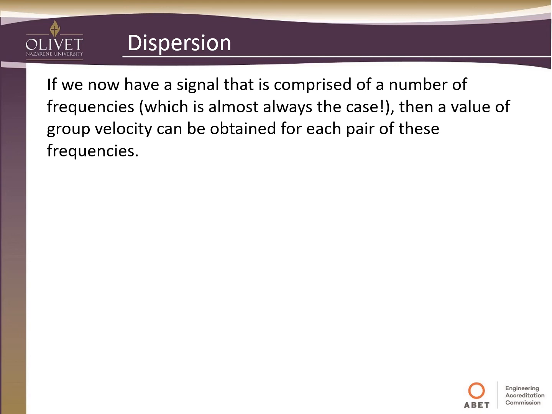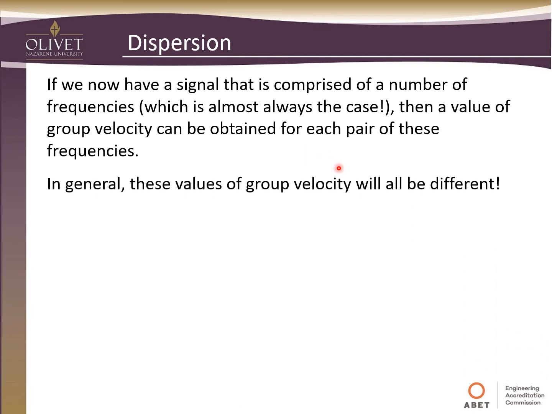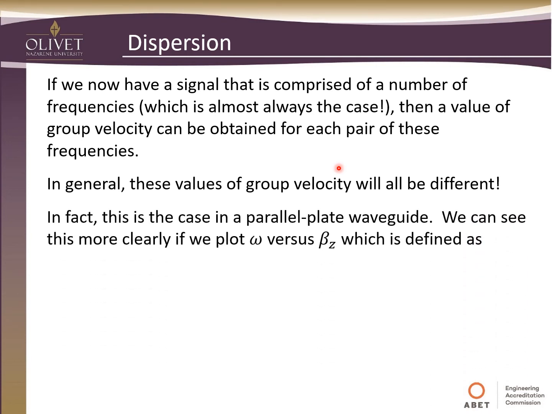But when you have a square wave, it has infinite components when we take the Fourier transform of it. So it will have many, many different frequencies making up our signal. In this case, a value of group velocity can be obtained for each pair of these frequencies. In general, these values of group velocity will all be different.